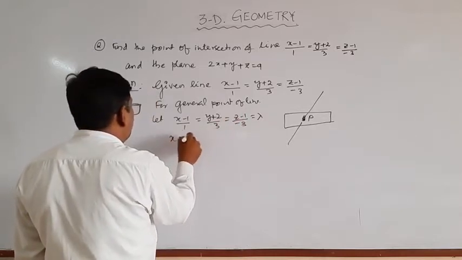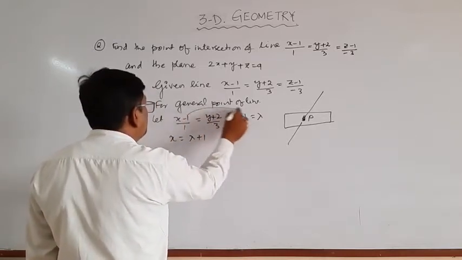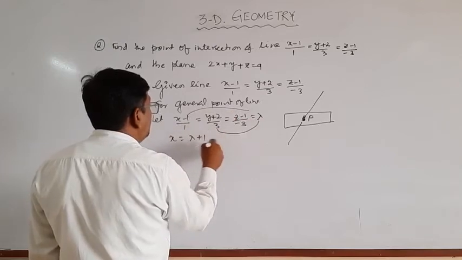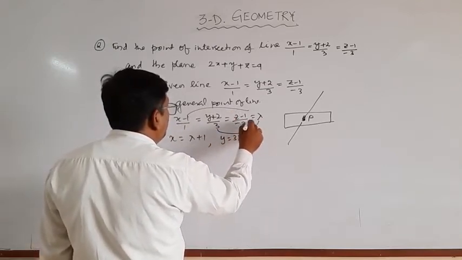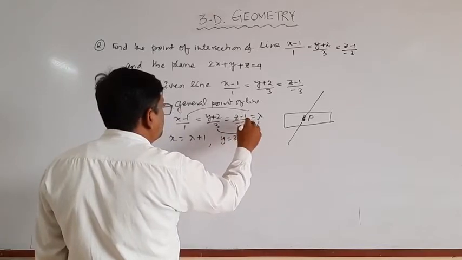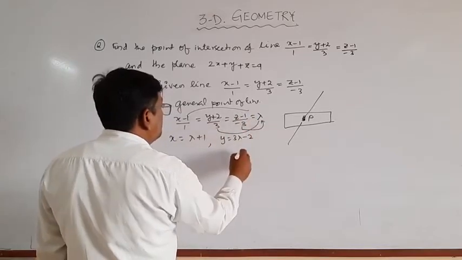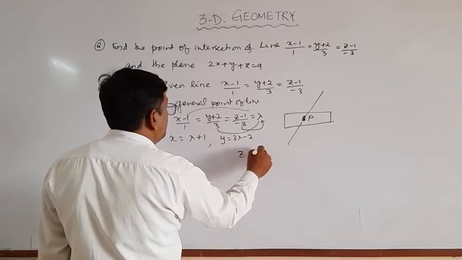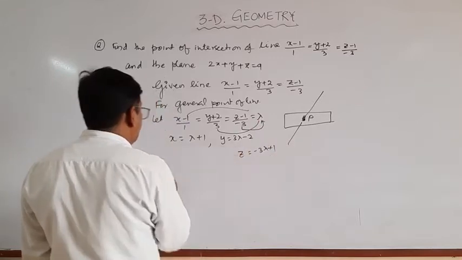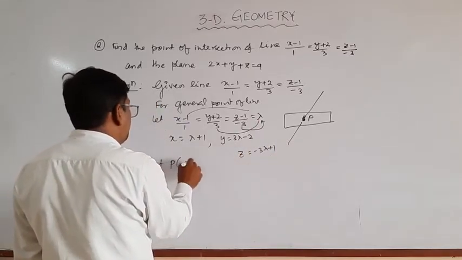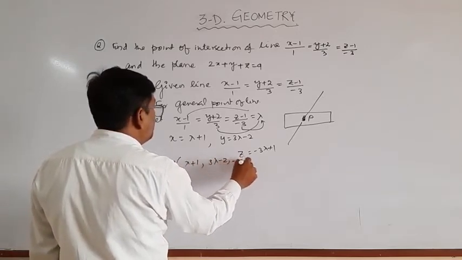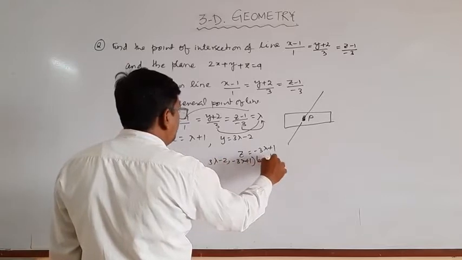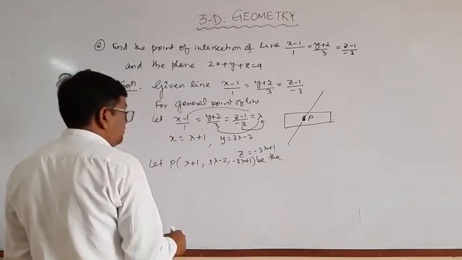So x is equal to lambda plus 1, y is equal to 3 lambda minus 2, and z is equal to minus 3 lambda plus 1. Let P of lambda plus 1, 3 lambda minus 2, minus 3 lambda plus 1 be the point of intersection.